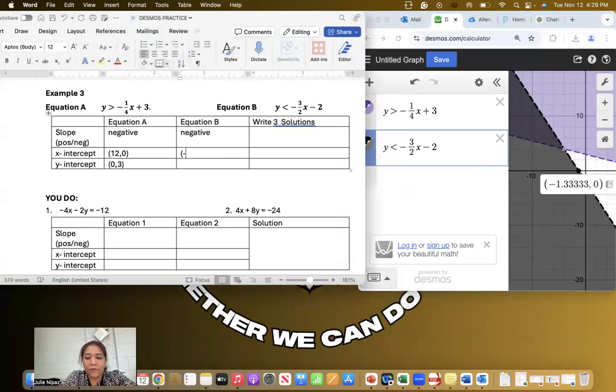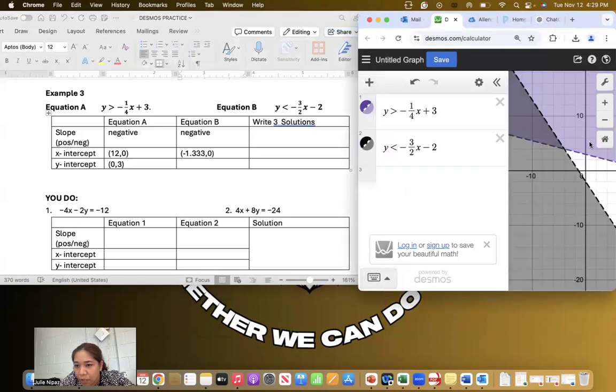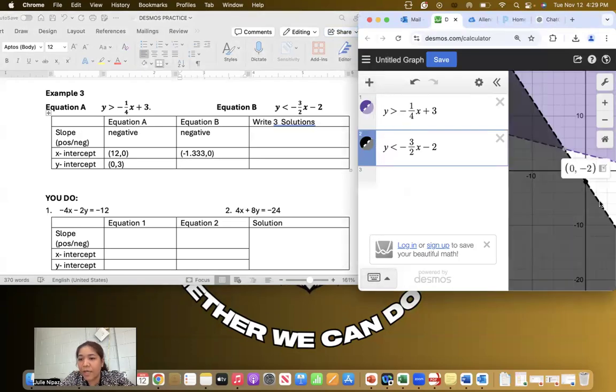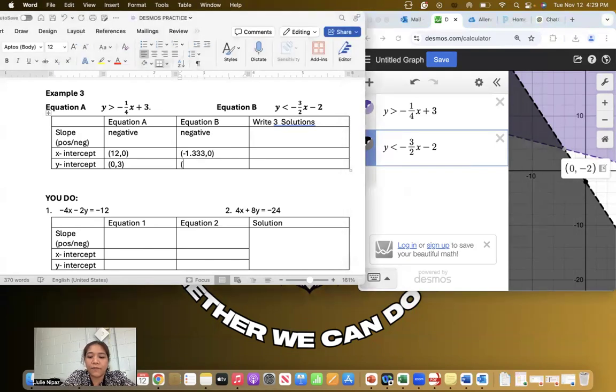Okay. Negative 1.333, comma 0. And the y-intercept, okay, let's focus on the y-axis. The y-intercept is passing through at 0, comma negative 2. Okay. Next, write 3 solutions.